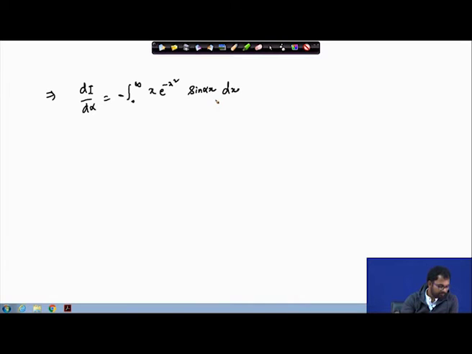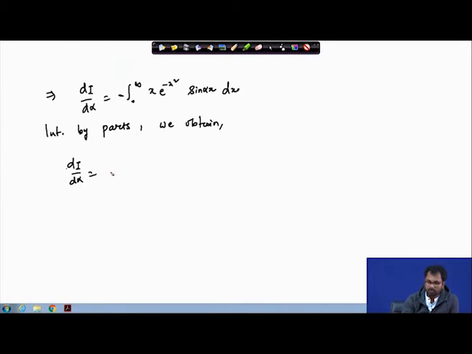All right. So this is our dI by d alpha, and now we integrate by parts. Then we obtain dI d alpha.